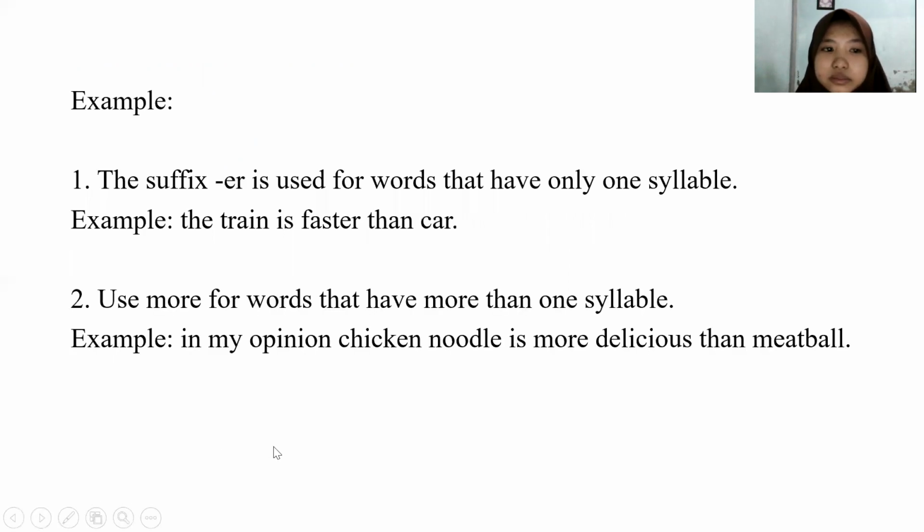Example, the suffix -er is used for words that have only one syllable. The train is faster than the car. Faster. Number 2, use more for words that have more than one syllable. Example, in my opinion, chicken noodle is more delicious than meatball. More.